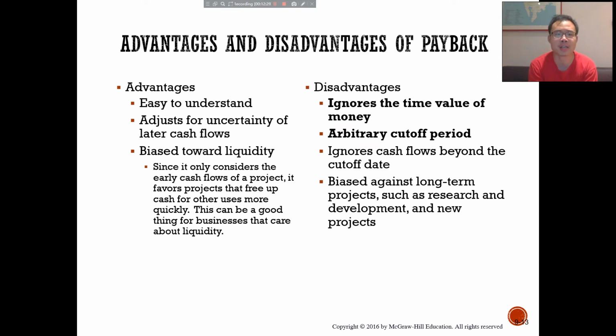Well, the payback period has some advantages and disadvantages. The first advantage is that it's very easy to understand. And it adjusts for uncertainty of later cash flows. Think about a project that will generate cash flows for 20 years, which is pretty normal.